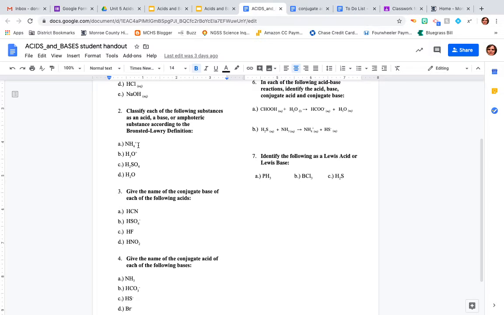So if you're already positive, you're going to donate. If you're neutral, you're probably going to donate as well, if you have hydrogen ions to donate, but not necessarily always. So again, it's a little bit harder to classify them as Bronsted-Lowry acids or bases unless you have that equation to go by.